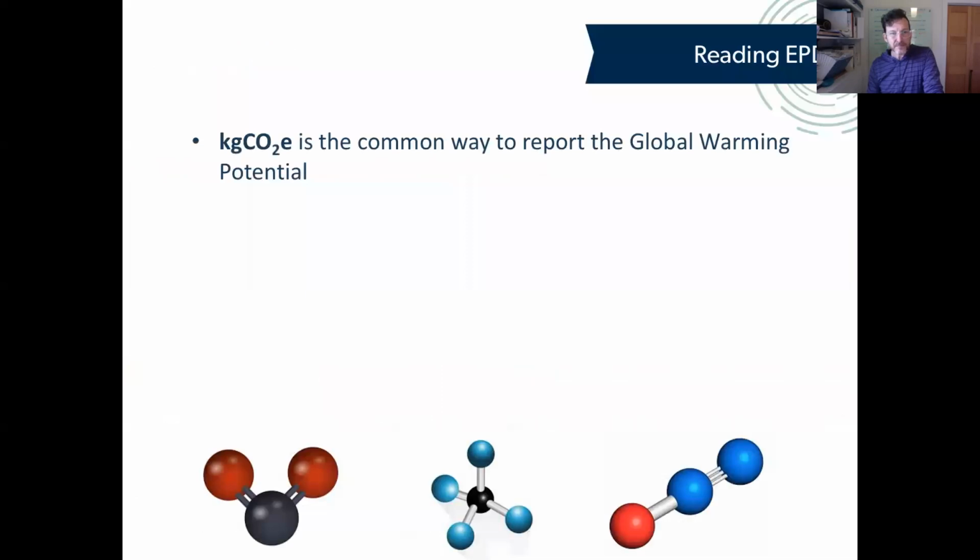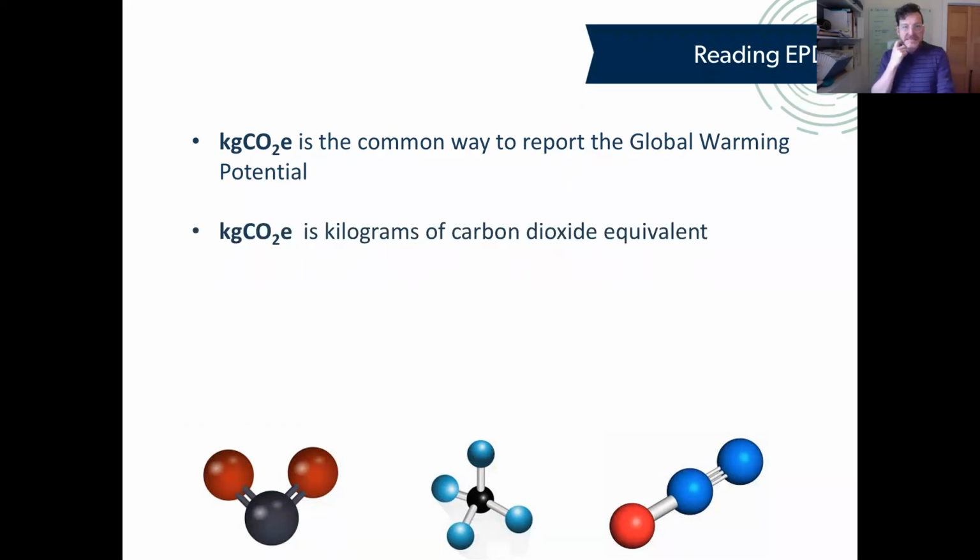And just so we are clear on how that answer is being expressed, kilograms of carbon dioxide equivalent is how that global warming potential figure is usually represented.